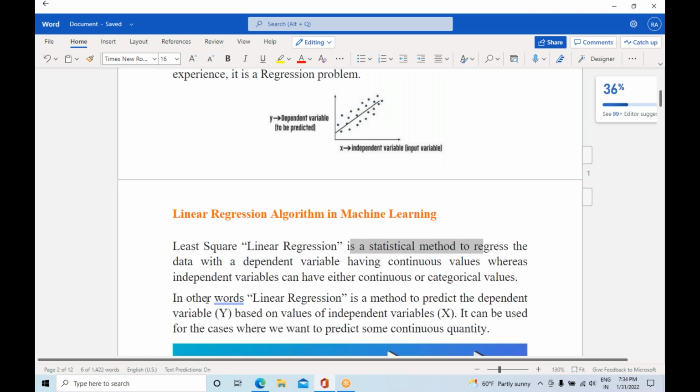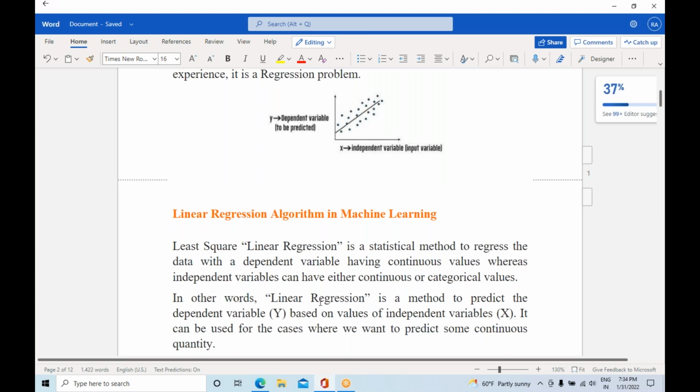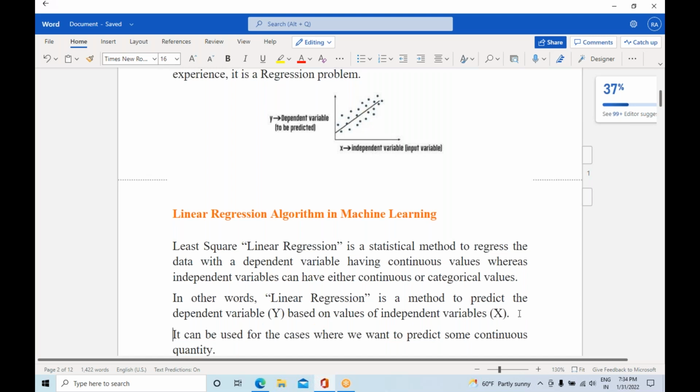In other words, linear regression is a method to predict the dependent variable based on the independent variable.